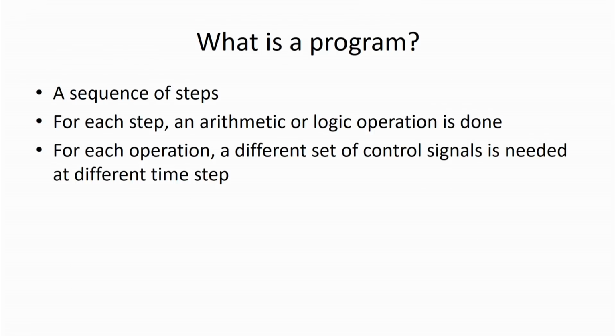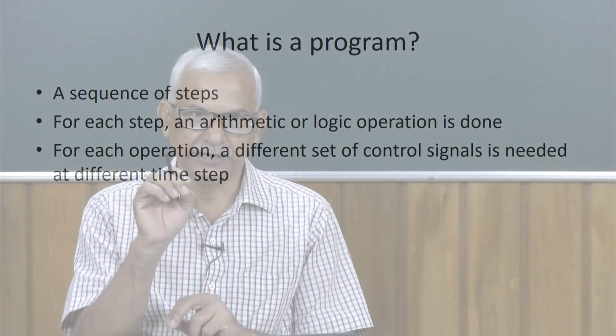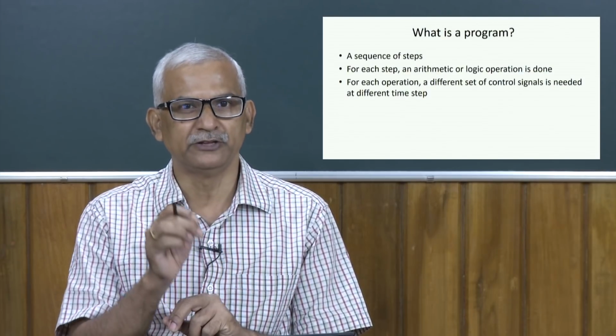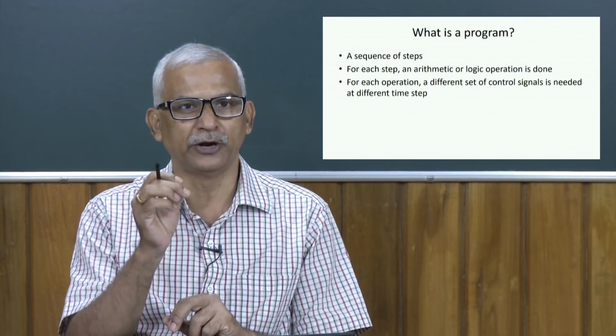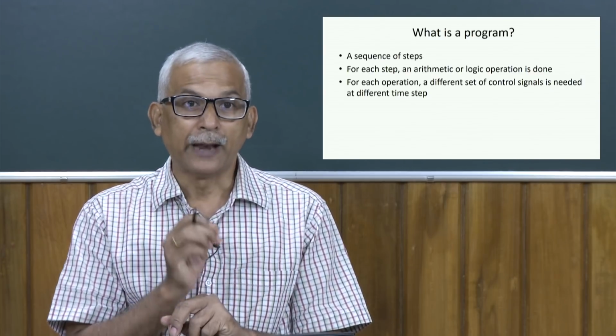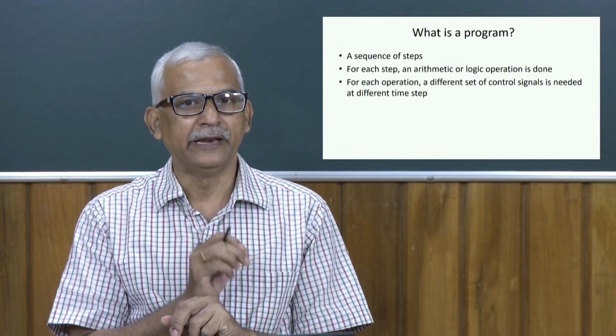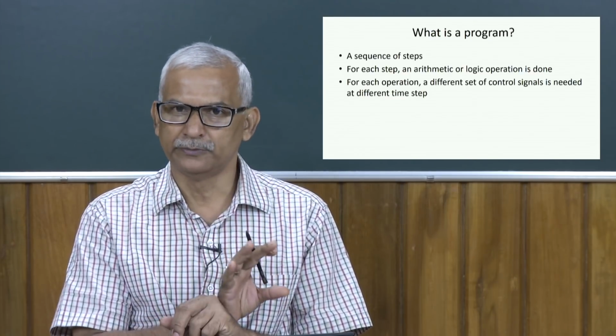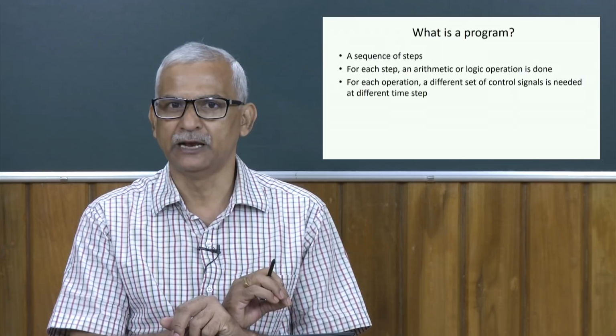We have a sequence of steps that we have to write in proper sequence, and when the computer executes this program, it executes those particular steps or instructions one by one. For each step, an arithmetic or logic operation is done, because we have the ALU, and we perform some operation with the help of this processing element.